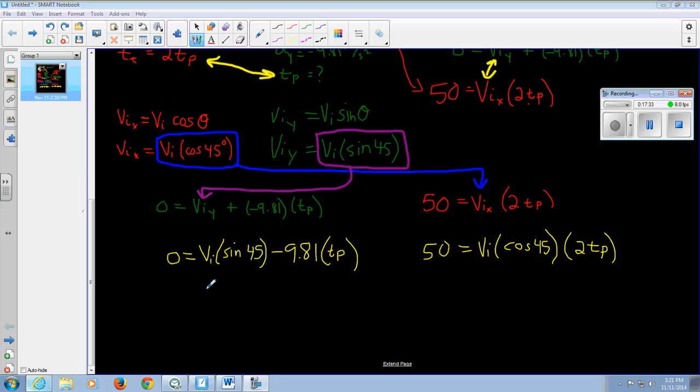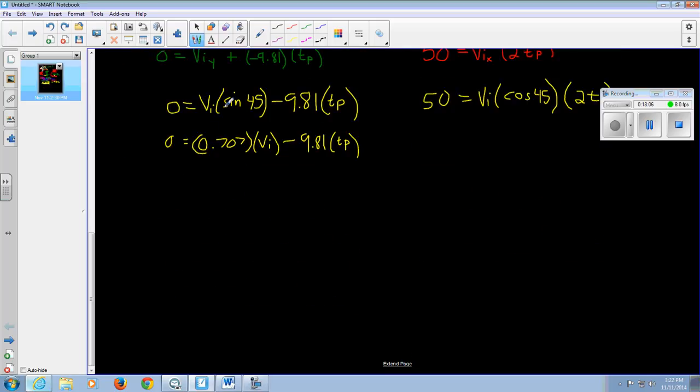So sine of 45 is 0.707. And that's going to be multiplied by VI minus 9.81 times TP. And we're going to solve this for TP. So we're going to isolate TP on this side and plug it in over here.